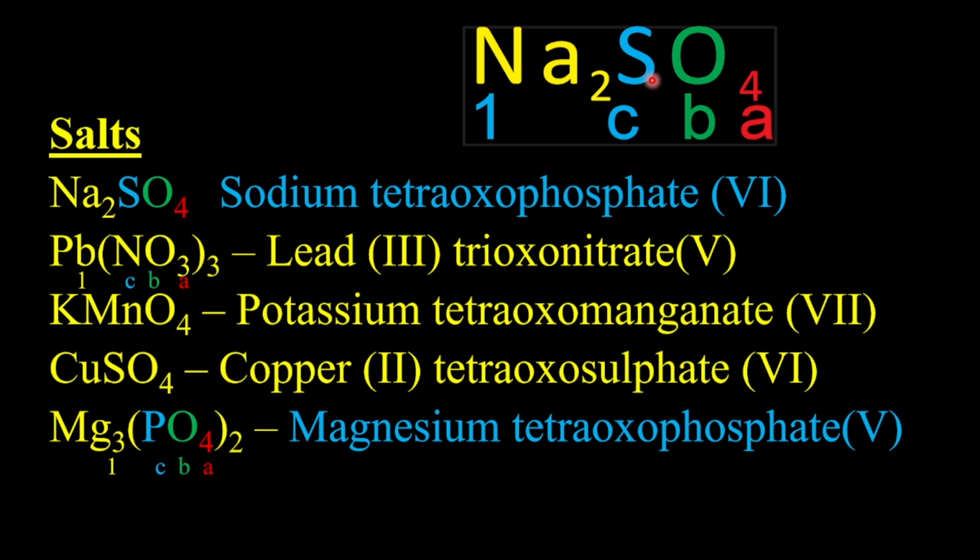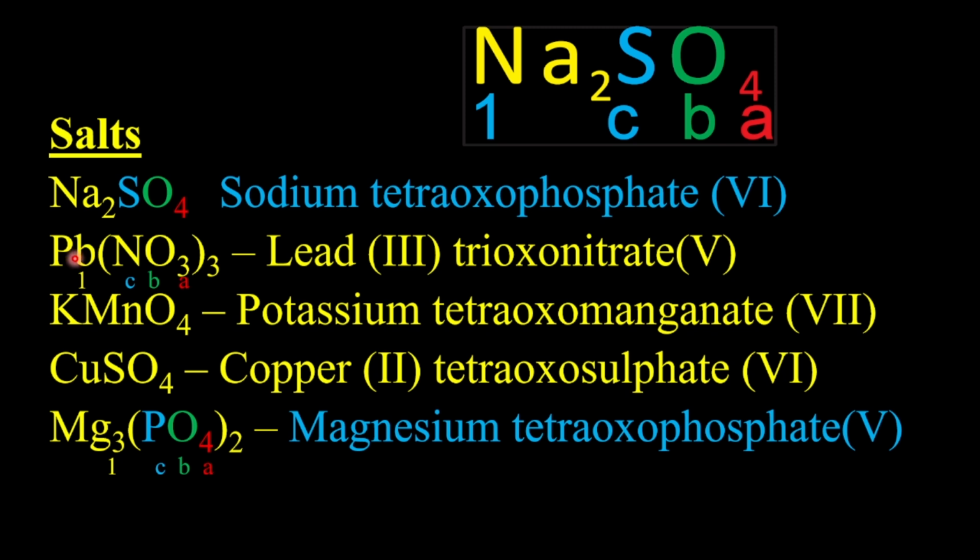Please, in naming of salt, we don't end with salt. We end with the Roman numeral. Now let's calculate the oxidation number for S. 2 times 4 here will give us 8. Minus the 2 here will give you 6. So that will give you sodium tetraoxosulfate 6.